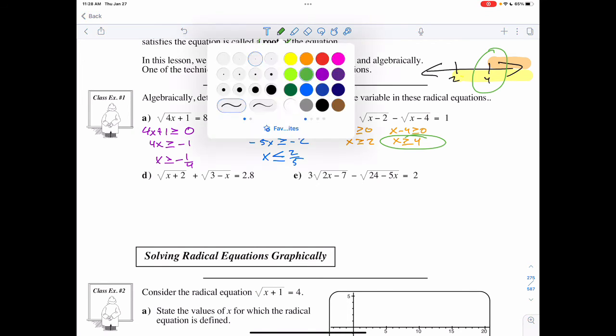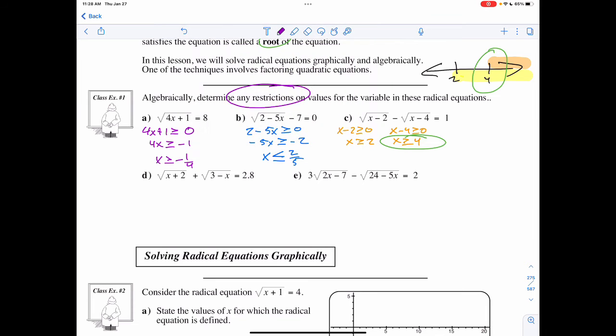I can do the same thing with the next one, where I can say that x is going to be greater than or equal to negative 2, and x is going to be less than or equal to 3.